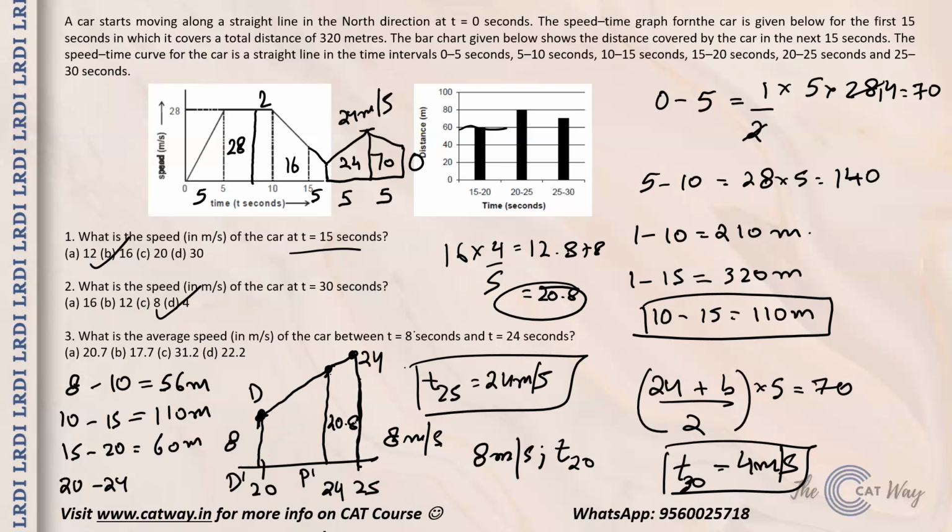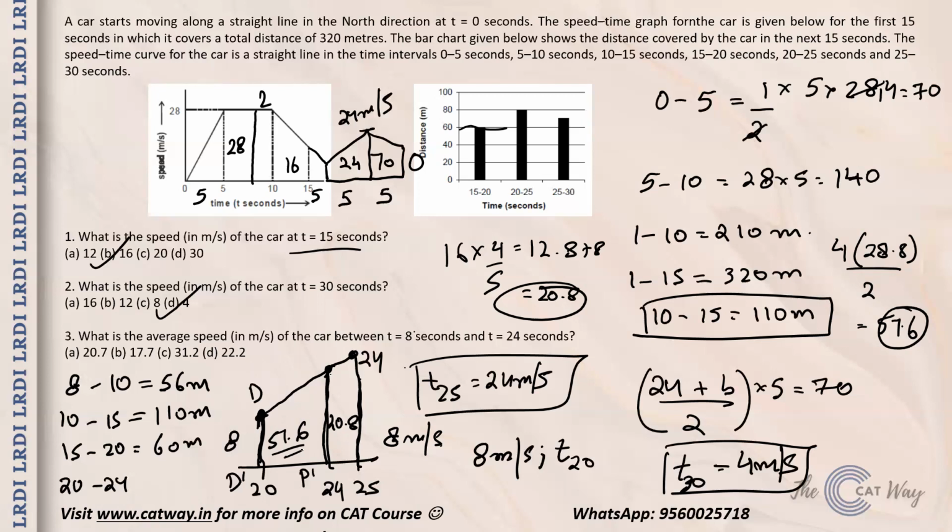The base value is 4 seconds. Apart from that, we need the sum of the sides containing the tilted part. So 20.8 plus 8 will give you 28.8, and this whole will be divided by 2, and you will get the area as 57.6. So between 20 and 24, the car traveled 57.6 meters.